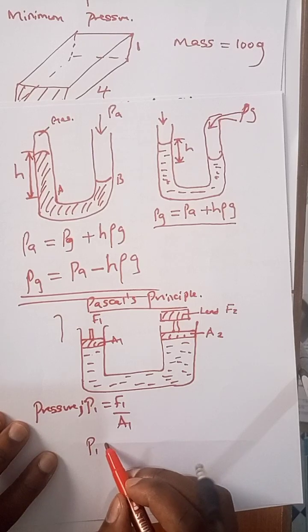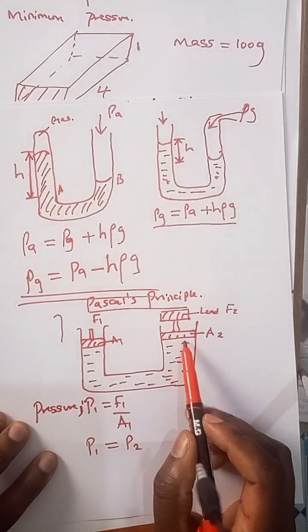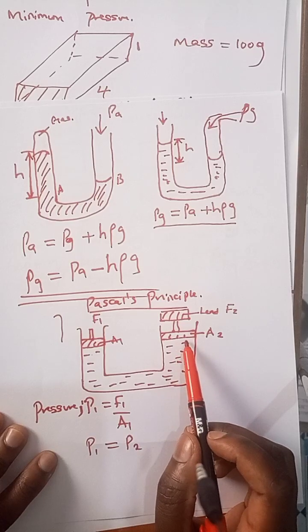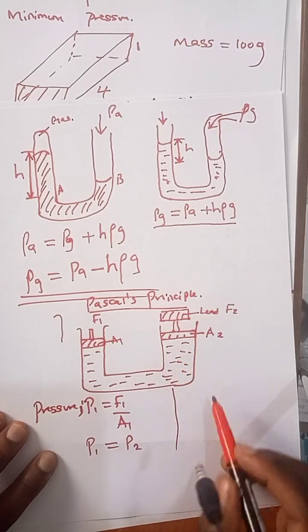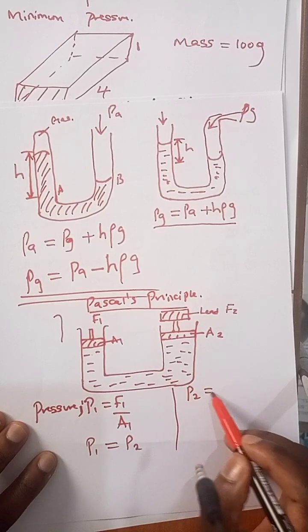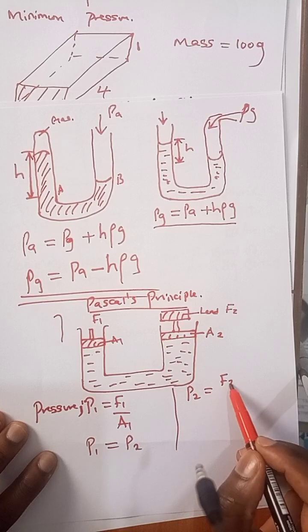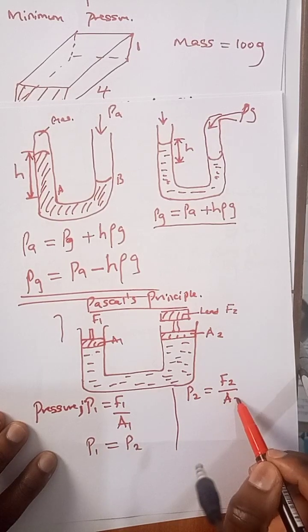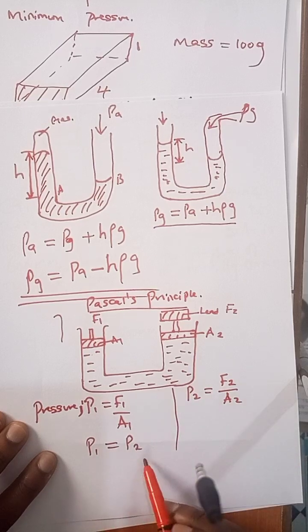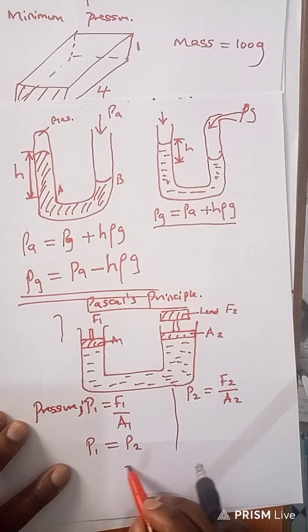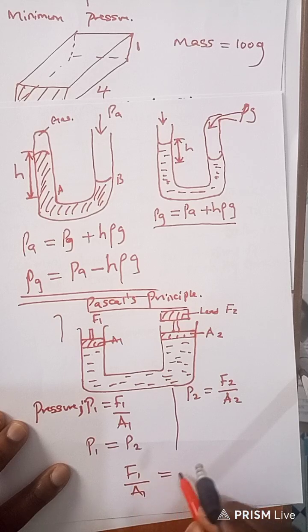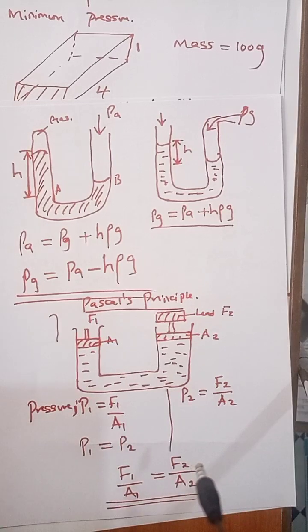Therefore, P1 is equal to P2, the pressure that is transmitted onto this other part, and therefore pressure 2 will be force 2 over area 2. And since pressure 1 and pressure 2 are equal, force 1 over area 1 is equal to force 2 over area 2. And we apply that knowledge to solve problems on that question.